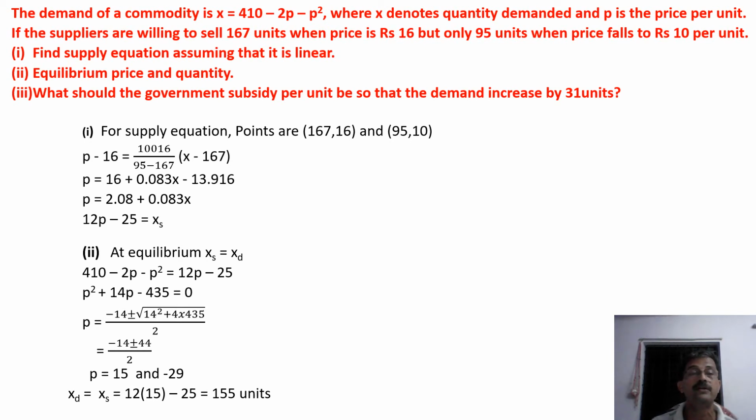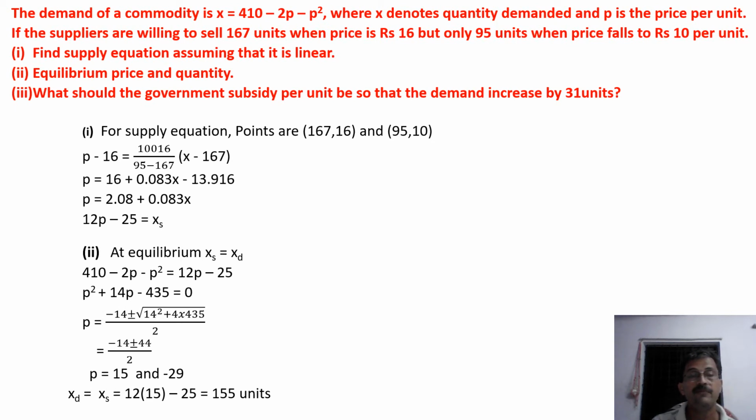Find the equilibrium price and quantity. What should the government subsidy per unit be so that demand increases by 31 units? For the supply equation, two points 167, 16 and 95, 10. Using the two-point form of the equation of a line, we get the supply equation xs is equal to 12p minus 25.